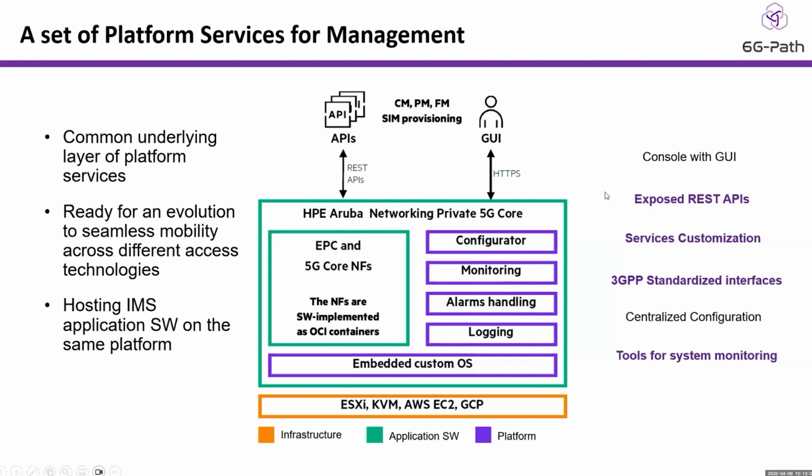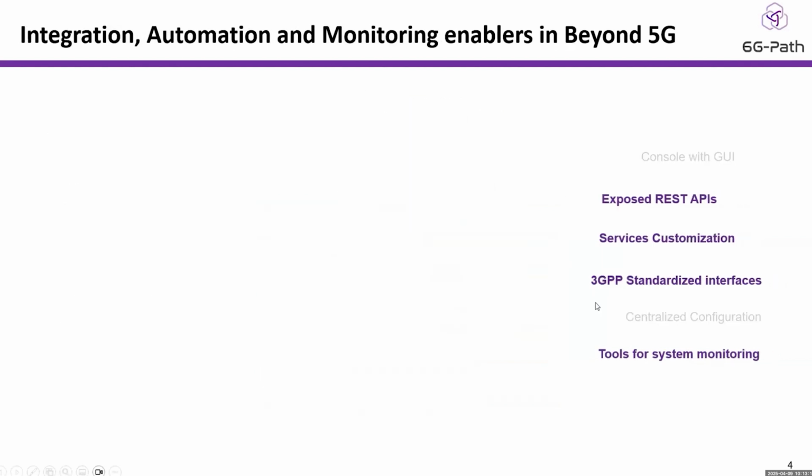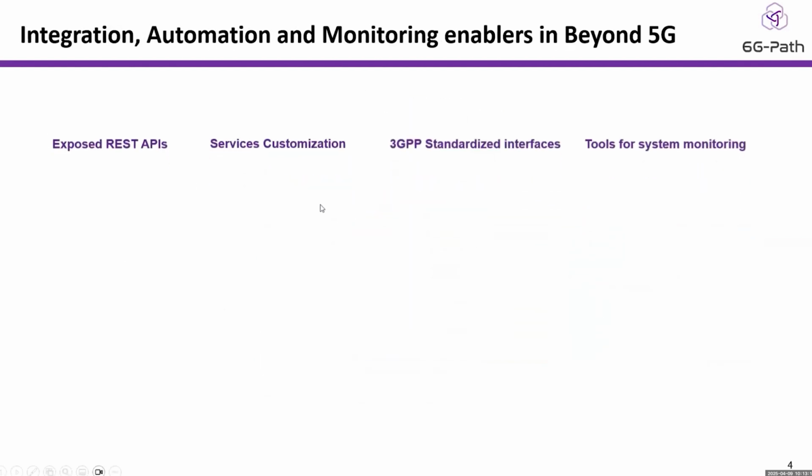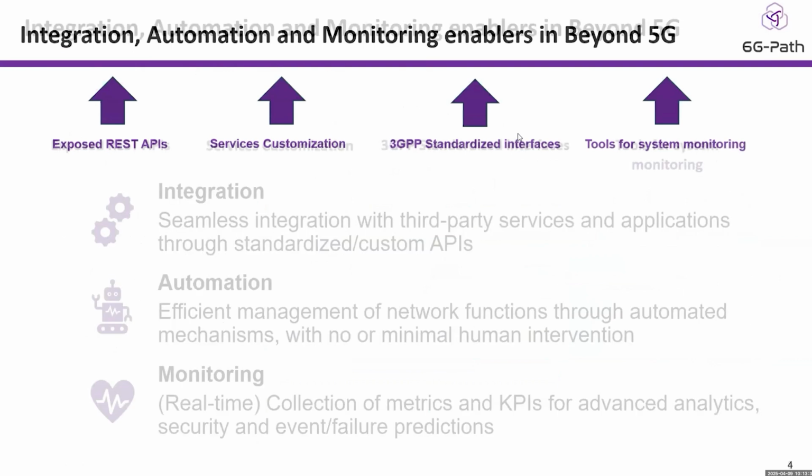And more specifically, on the right, I highlighted some interesting features that enable innovative characteristics. They are actually enablers for features like, as you can see in the title, integration, automation, and monitoring, that define some pieces of the beyond 5G domain.